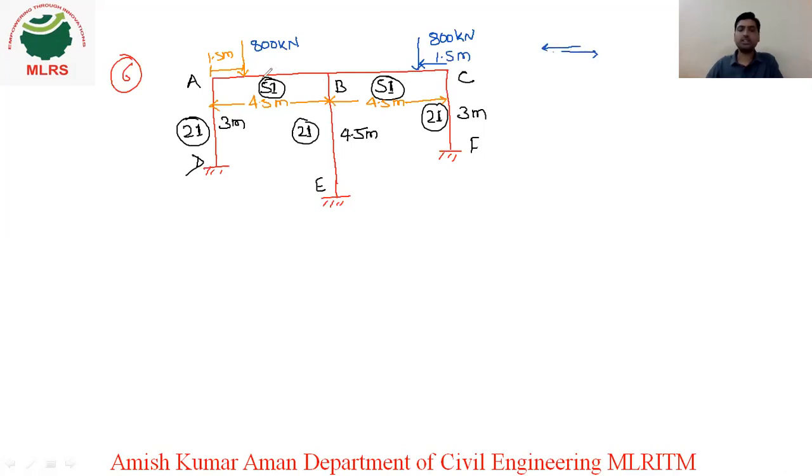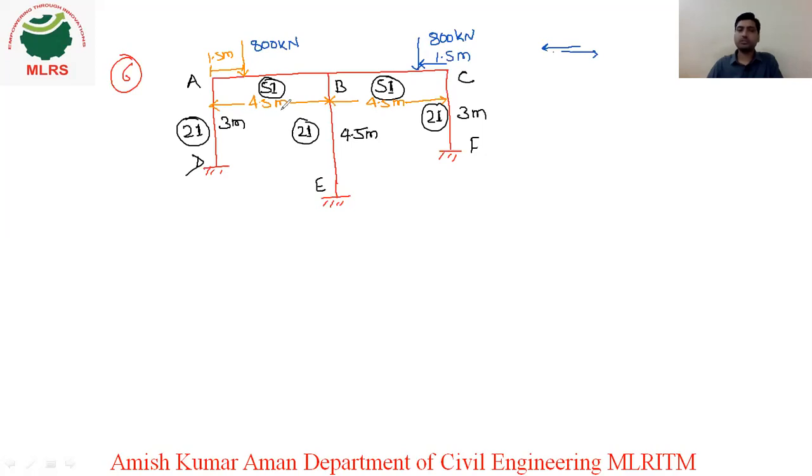Now if you see the loading condition, it is symmetrical. If you cut from B and see BA and BC, the loads are symmetrical, because on BA it is acting from A at a distance of 1.5 meter of 800 kilonewton, and similarly on BC from C, 1.5 meter, 800 kilonewton.